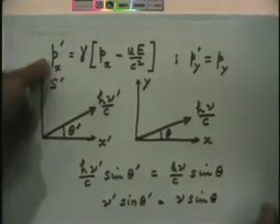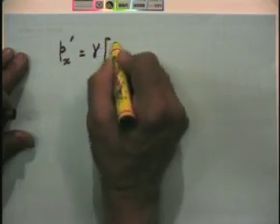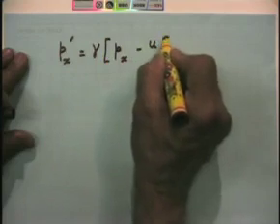Let me now consider the other equation. The other equation is p x prime is equal to gamma of p x minus u E by c square.